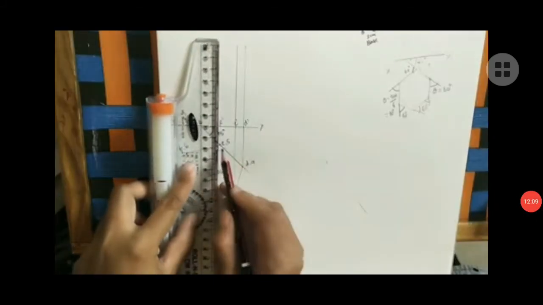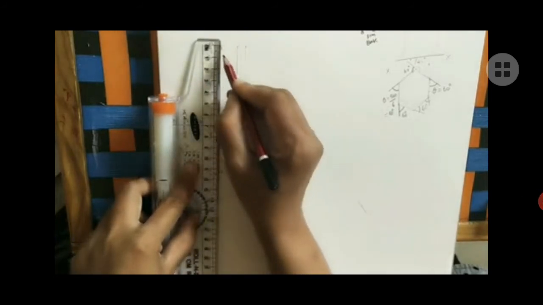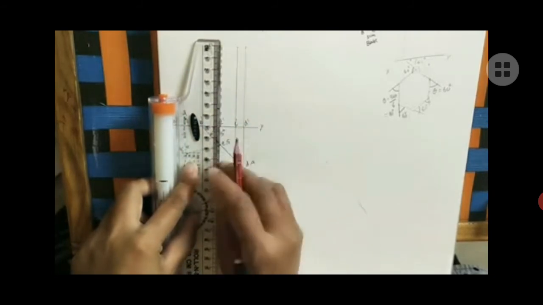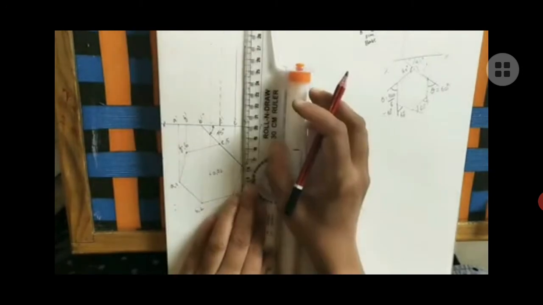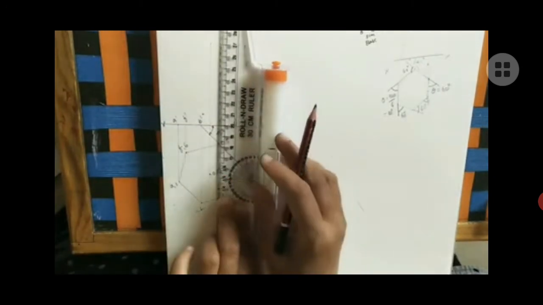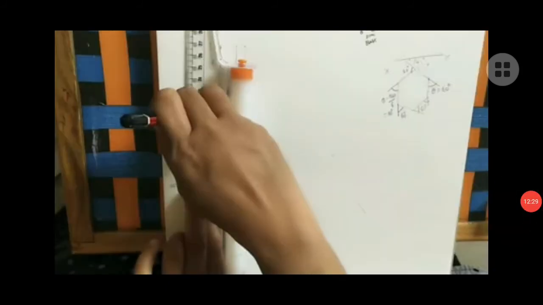Extend all these points in the upper lines. We can't see some of the points, so mark all points, then join them. This is the reference line, and with its help, join all points.